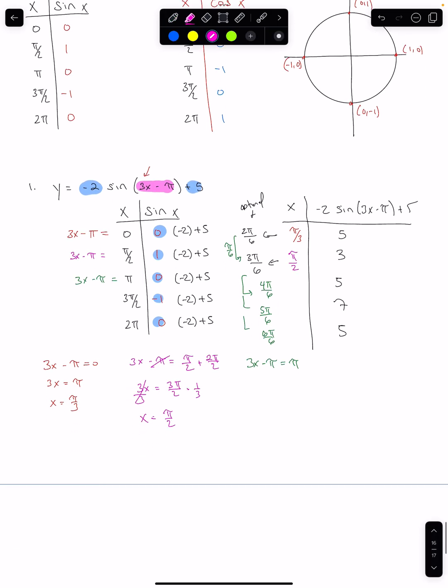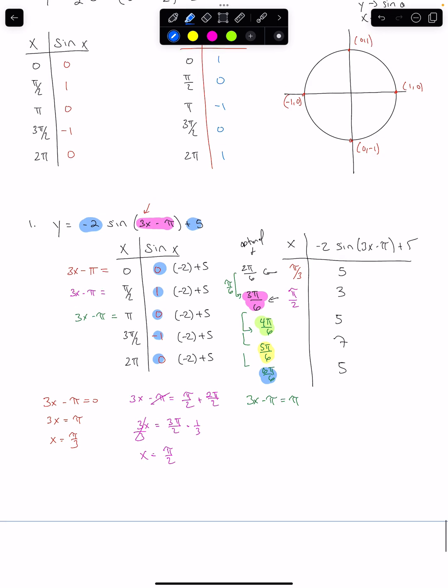You need to do this 1, 2, 3, 4 times, because we go around the circle. It's 4 quarters in a circle, so that's why I have to do that 4 times.